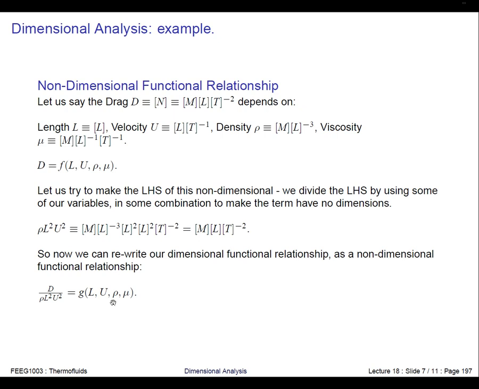This equation is exactly the same, but it has no dimensions. So drag in newtons divided by rho L squared U squared has no dimensions.